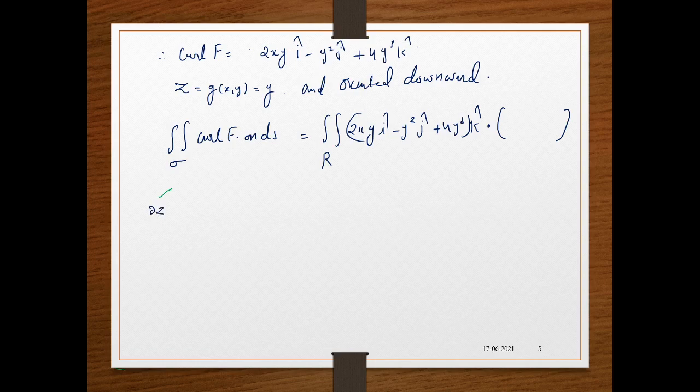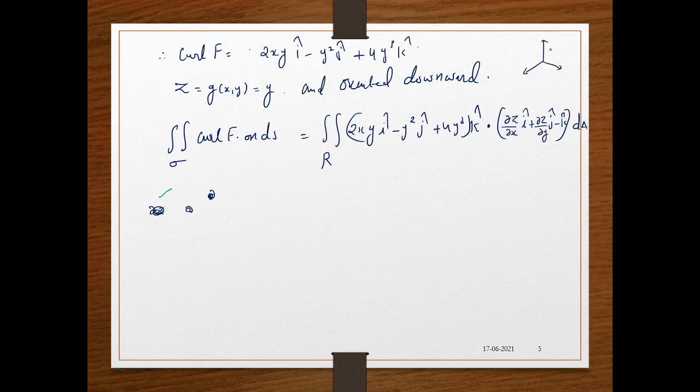Is it minus or plus? For negative orientation, n dS is minus dou z by dou x i minus dou z by dou y j plus k, with the sign depending on orientation.